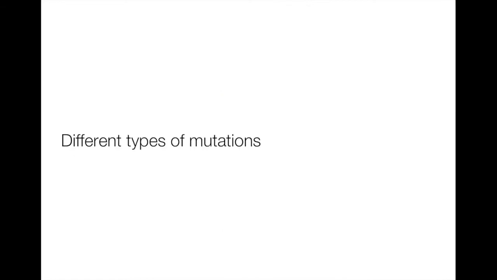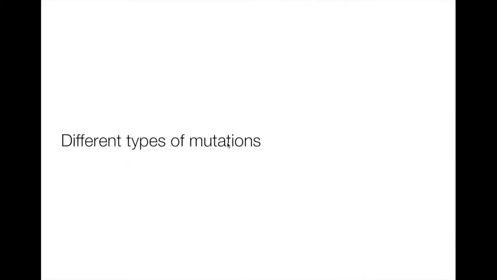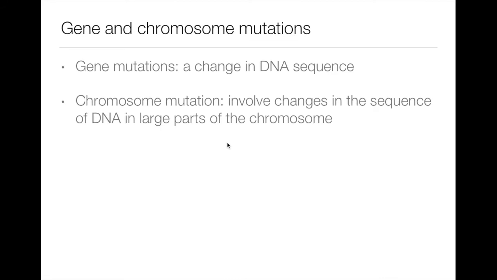So this is sickle cell anemia, a disease which is the result of a single mutation. Now, what types of mutation exist? Let's get right into it. First of all, we've got gene and chromosome mutations. If we're talking about 1 base, 2 bases, 3, 4, 5, a small number of bases that change, then we're talking about a gene mutation because it happens inside a gene.